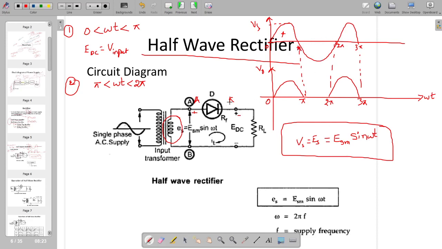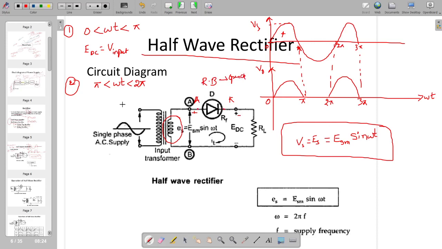During the negative half cycle, the anode is connected to negative and the cathode is connected to positive. In this case, the diode acts in a reverse bias condition. It acts like an open circuit. Open circuit means it is open.